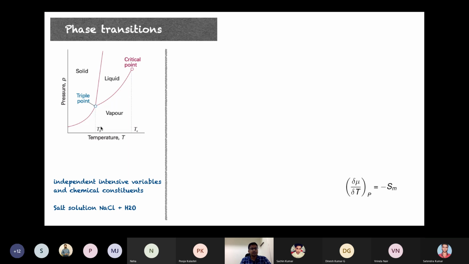There are many interesting things if you look closely. There are three phases here: one is solid, another is liquid. The solid is at high pressure and low temperature. So when you draw the pressure-temperature diagram, be careful about these axes, because many times there is confusion about the locations of each phase.